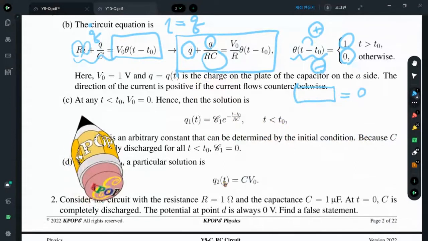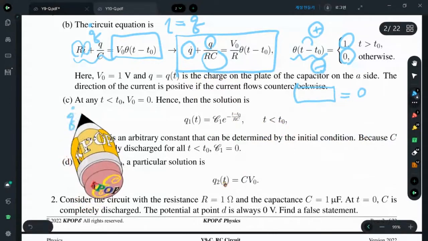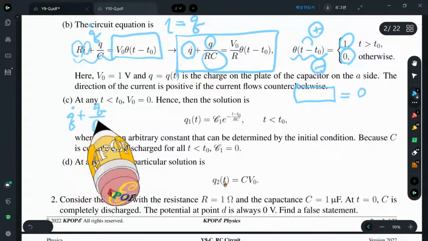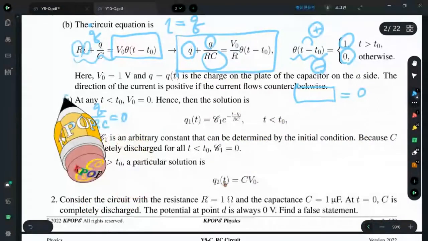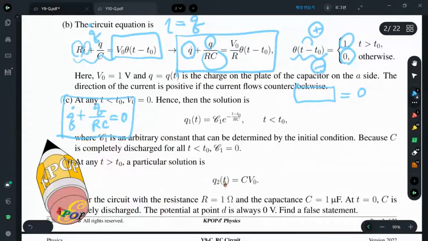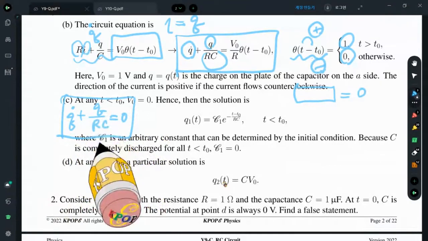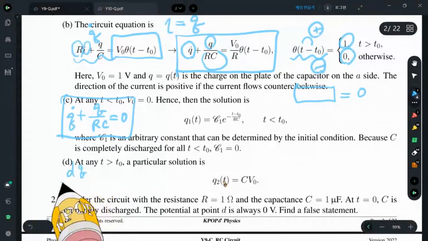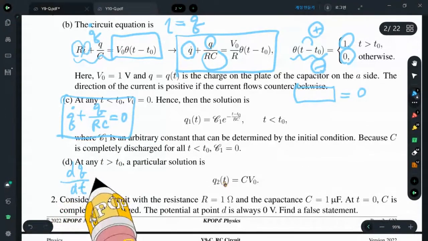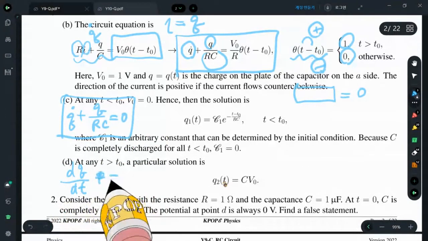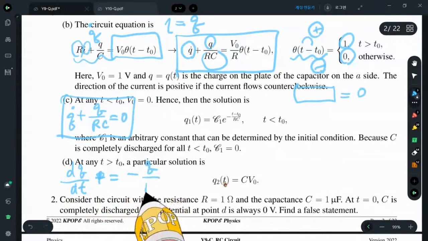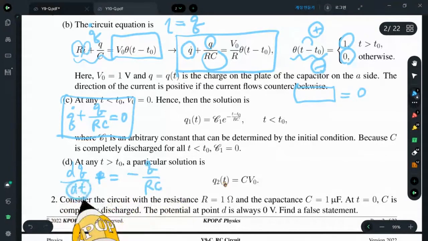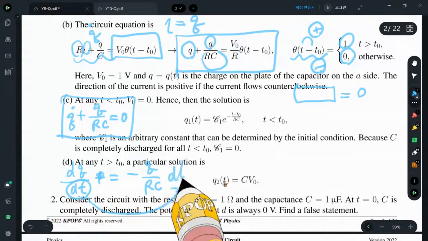And the homogeneous equation is of the form Q dot plus Q over RC equals 0. This is actually integrable. How? This is dQ over dt equals minus Q over RC. We multiply this one to the right-hand side.